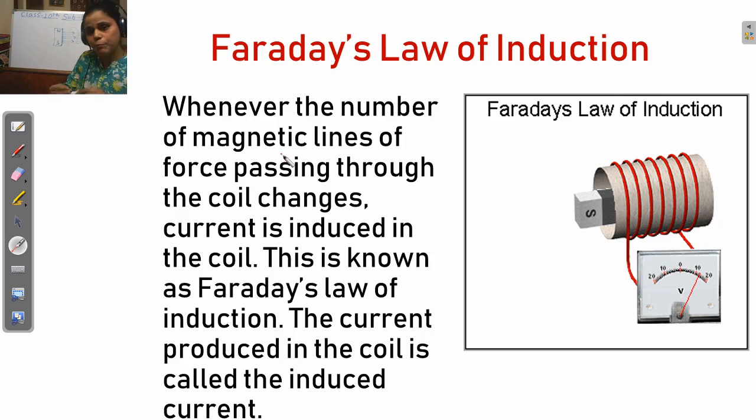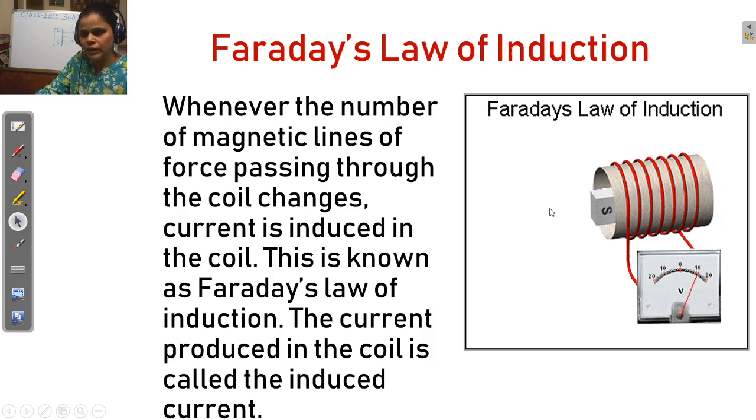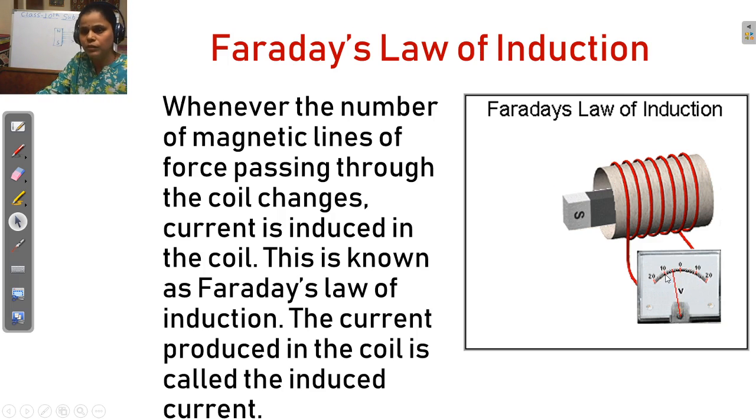So whenever the number of magnetic field lines passing through the coil changes, a current is induced in the coil. You can see in this picture, the current is induced in this coil. When this magnet moves inside this coil, then in the galvanometer the current is produced.